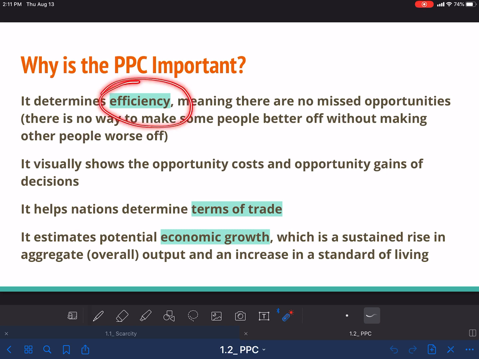So it's going to tell us about efficiency. It's going to tell us how to be more efficient. It's also a great visual that shows the opportunity costs and gains of the decisions that a nation is making. The PPC will also help us determine appropriate terms of trade with other nations. And it can also give us a potential look at economic growth. So it can tell us what our economic growth is going to be in the future.